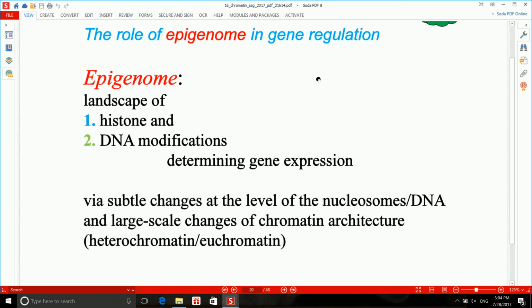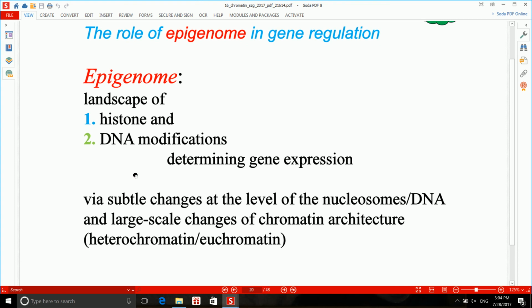When we're talking about a change in base sequence, that kind of stuff, we're talking about genetics. But when we're talking about epigenetics, we're talking about a level above that. So basically it's a landscape of histone and DNA modifications, mainly of these two.